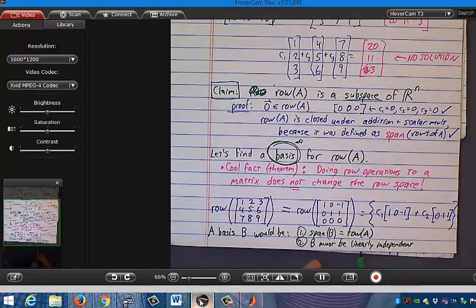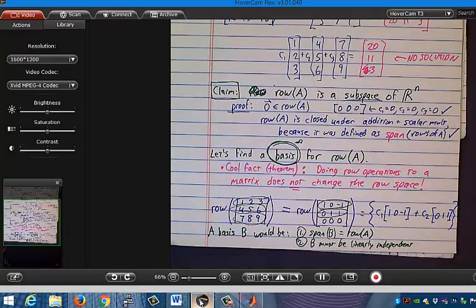So I guess what I would say is, you can see that if you take these three rows, well, by definition, the span of those rows is the row space. By this cool fact, you could just use these two rows.